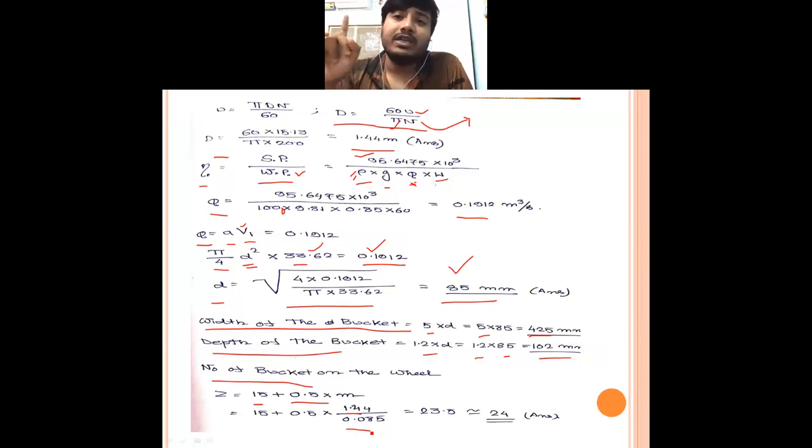As 85 millimeter was there, we convert it into meter, which is 0.085. So Z will come 23.5. Because we cannot take a fraction, it will be 24. That means 24 buckets or vanes are mounted on the wheel. So this is the solution of the problem.